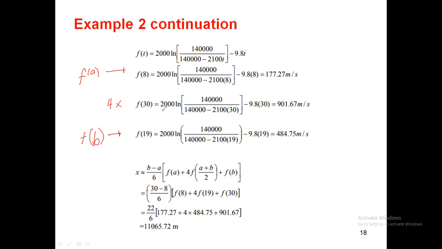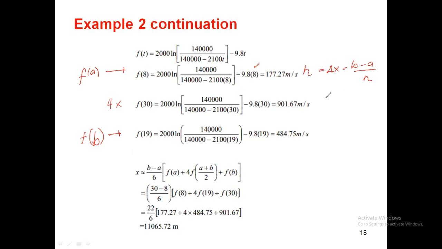Now, how will you increment the lower limit? In this case, your lower limit is 8, so that is why you substituted 8 here. You incremented it using delta x equal to b minus a divided by n. This is actually the h.